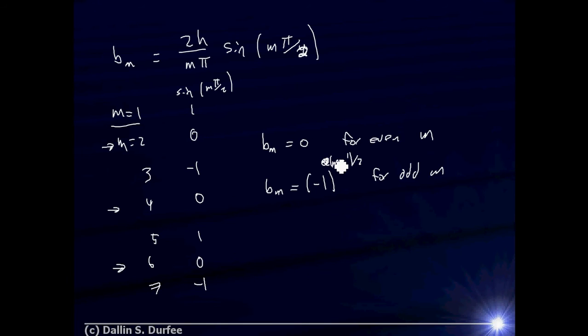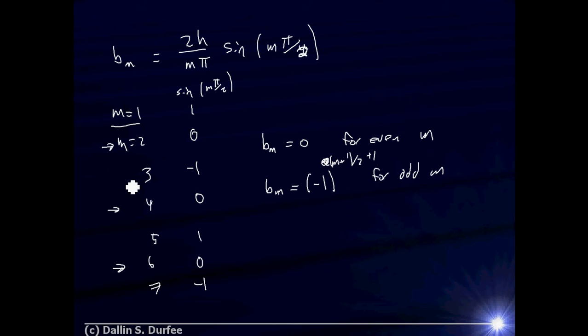If I plug in m equals 1, 1 plus 1 is 2, divided by 2, that's the first power, and that gives me minus 1. If I plug in m equals 3, that's 4 divided by 2, that's 2, and that gives me negative 1 squared, which is plus 1. So it looks like I have something that alternates as I go across the odd m's, but I'm off by a power of m, so I better add another 1 in there. But that's the basic idea. I get an alternating series of plus and minus 1s across my odd m's, and for all of my even m's, b sub m is equal to 0, if that makes sense. Sorry, that was a little confusing there.